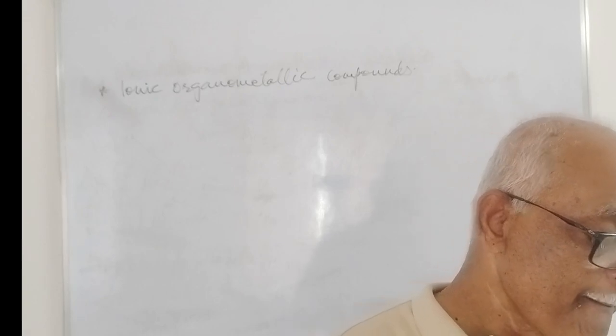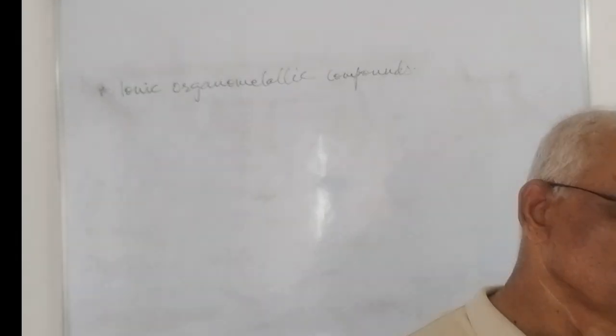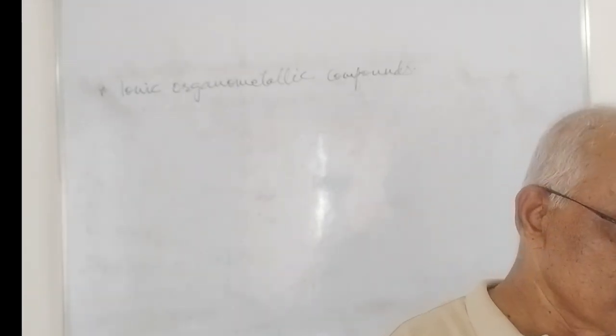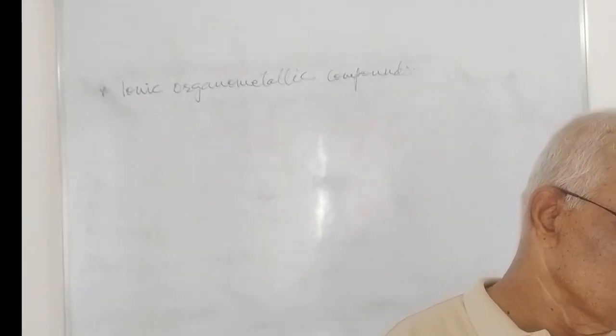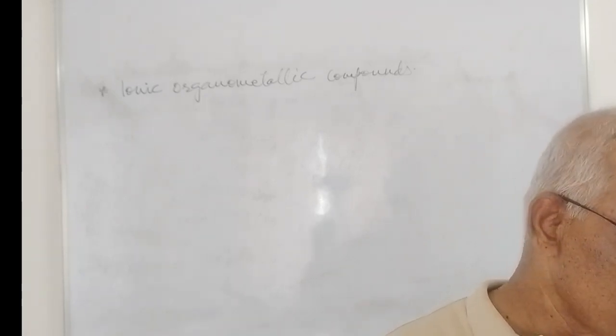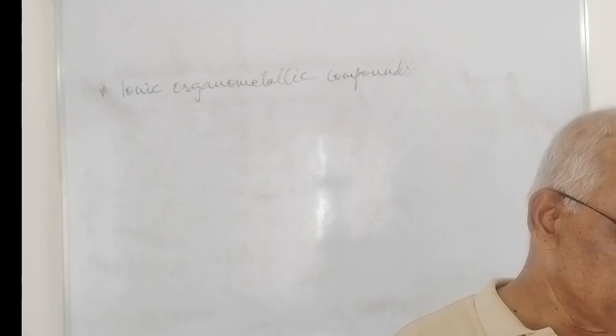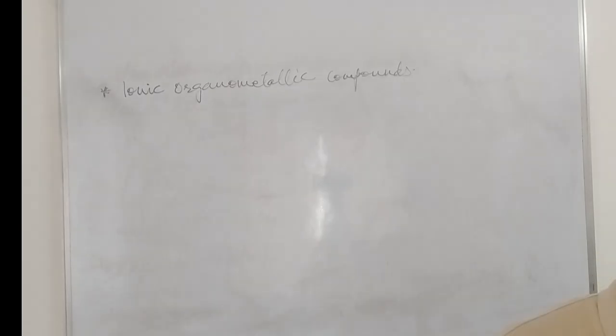In that case, the ionic compounds are more possible. Here we can say the anion is stabilized. When the anion is stabilized by a strongly electropositive cation, it gives ionic compounds.